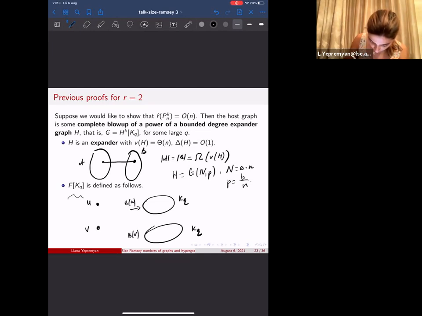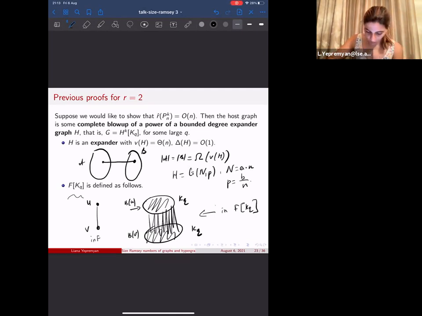So these are two cliques on Q vertices. And if u and v have an edge in the original graph F, then in the blow up F_{K(Q)} I have a complete bipartite graph going between these two blobs.